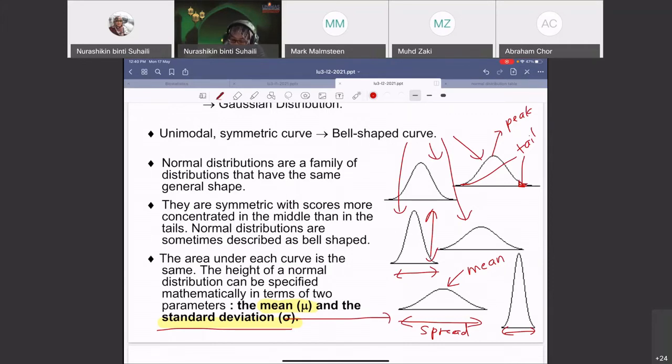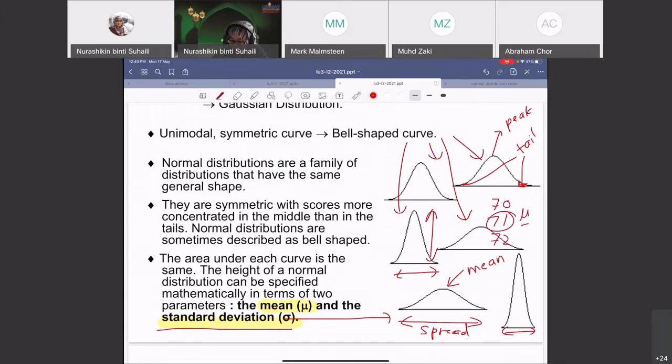So what is standard deviation? Let me give you a very simple example. Say I have replicate values of three numbers: 70, 71, 72. Of course, the mean value is 71, isn't it?